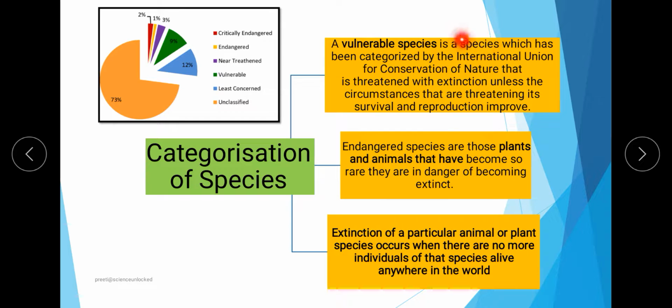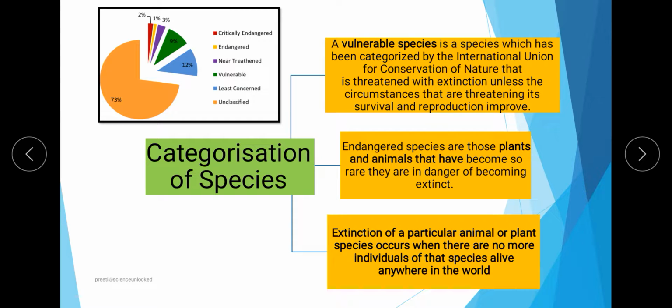For example, vulnerable species are those which, if not provided with proper care and a safe environment to live and breed, will come under the category of endangered species, meaning the condition where fewer plants and animals are available. Eventually, if they are not protected properly, not only in terms of breeding and living but also in terms of protection from hunting, they will totally become extinct from nature.